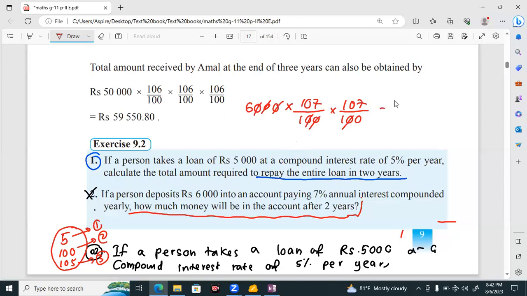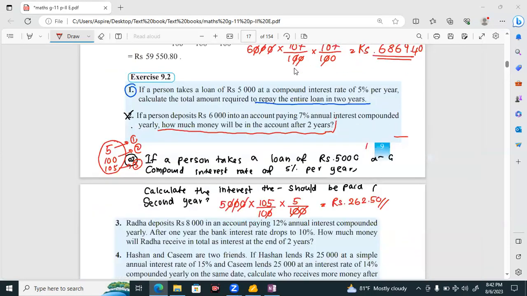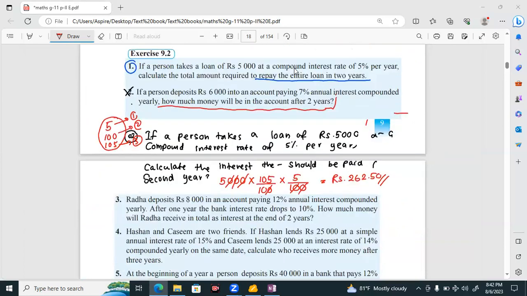It is 6,869 and 40 cents. Have you got this answer? Did you get this answer? Okay, do this third question. Try the third question.